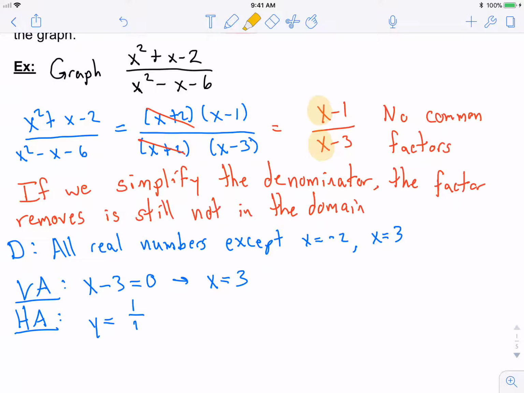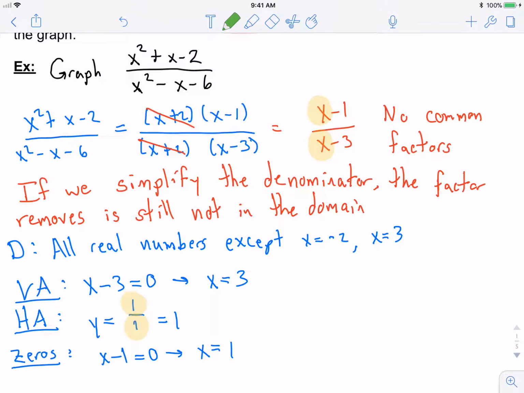So our horizontal asymptote is the leading coefficient of the top, which is 1, divided by the leading coefficient of the bottom, which is also 1. So this is simply the line y equals 1. And the zeros of our function we get by setting the top equal to 0, which gives us the point x equals 1.